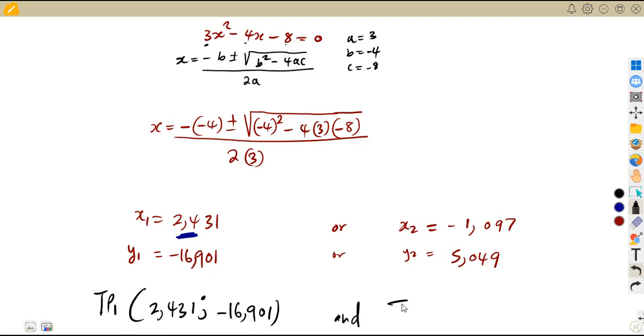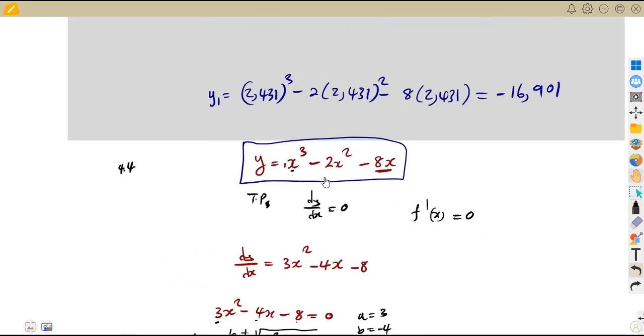And the second turning point, given at x being negative 1,097, with the value of y being 5,049. All right. So these are our turning points. That was the first question, just to determine the turning points.